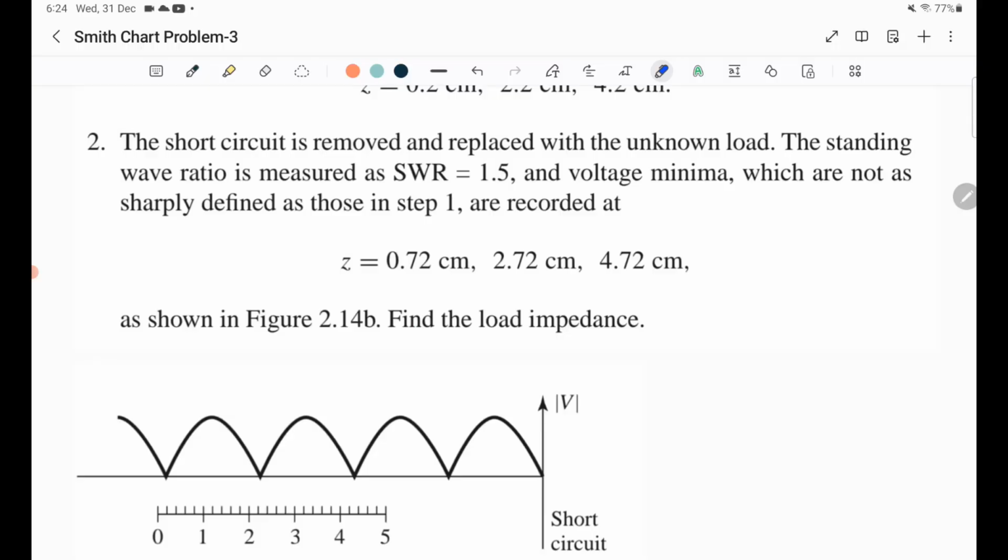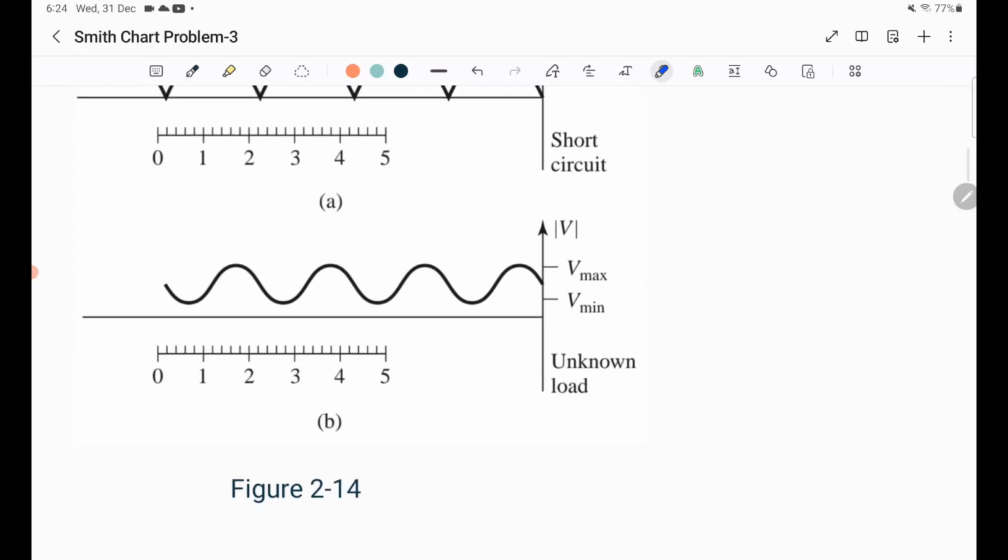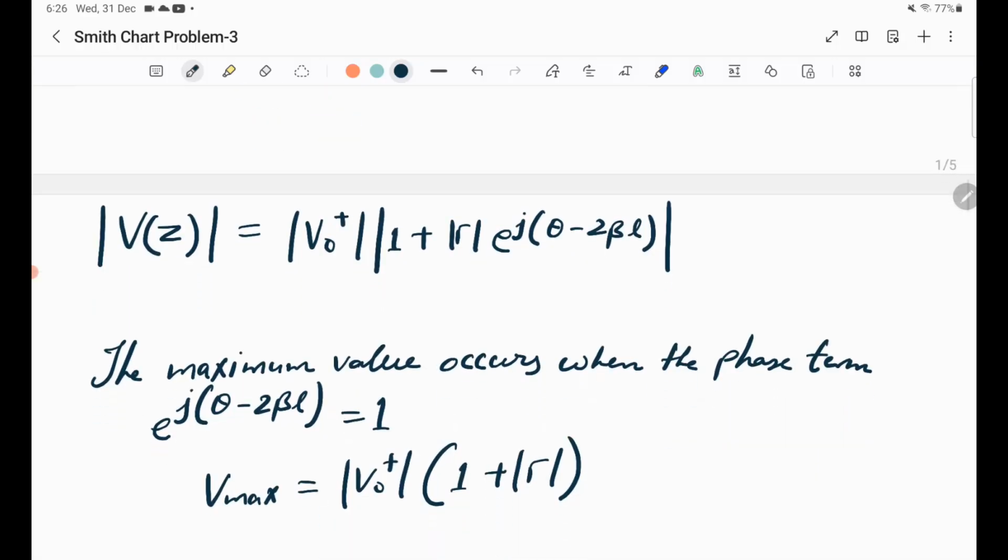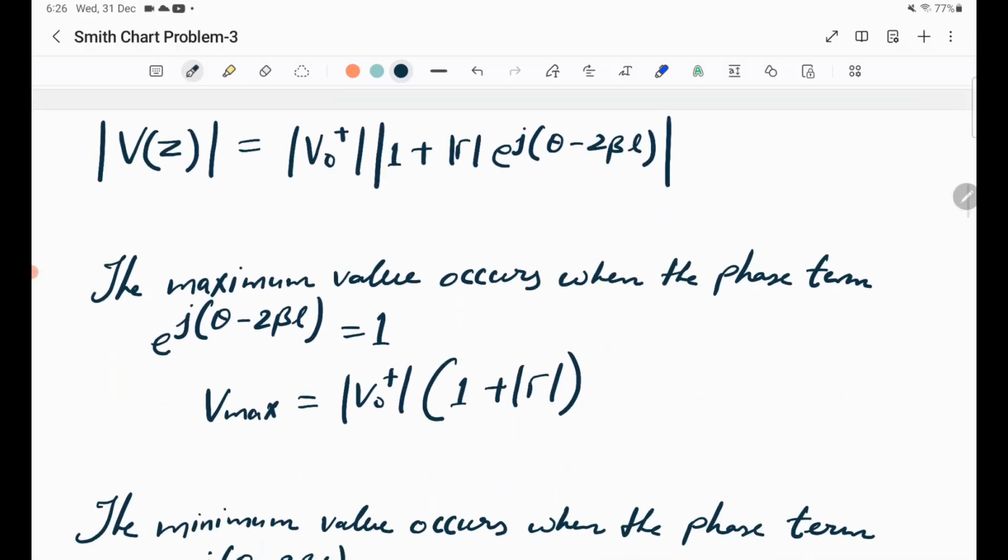Now given these measurement values, we need to find the unknown load impedance. Alright, now let us start the solution. We know that the value of the voltage at any position z is given by this formula, where V0 plus is a constant, gamma is the reflection coefficient, and theta is the phase of the reflection coefficient.